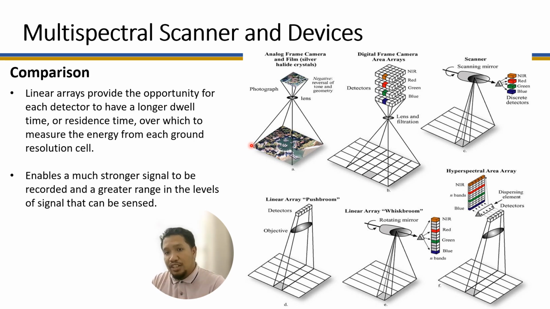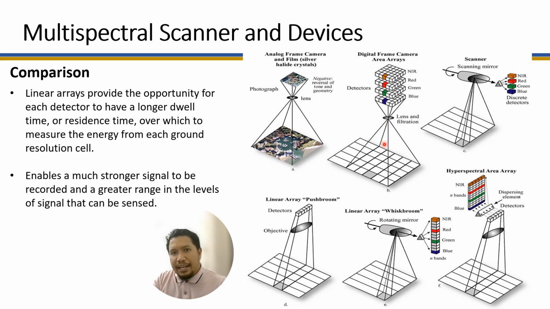Okay, we move to digital methods. So we have digital frame cameras, area arrays. So we enter the realm of digital imaging. Here, instead of film, we use digital detectors arranged in an array to capture the image. So the light passes through the lens and is divided into different spectral bands like infrared and near infrared, NIR, red, green, and blue.